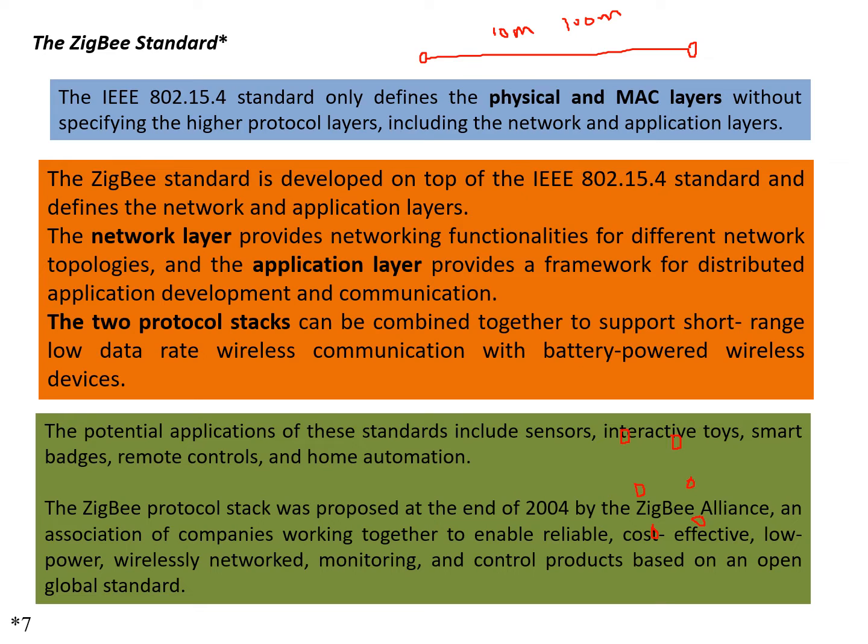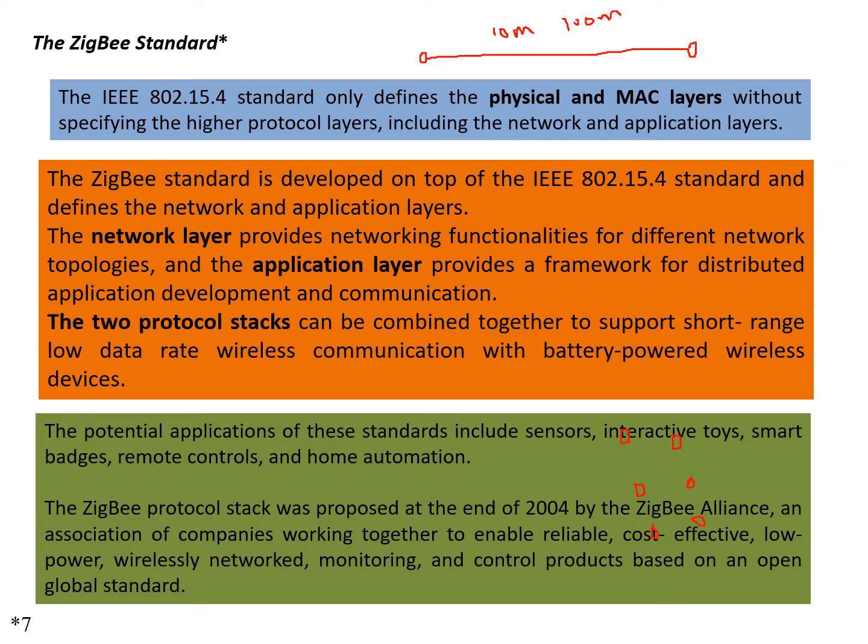ZigBee operates at 868 megahertz, 902 to 928 megahertz, and 2.4 gigahertz. So these are the three sets of frequencies over which ZigBee operates.